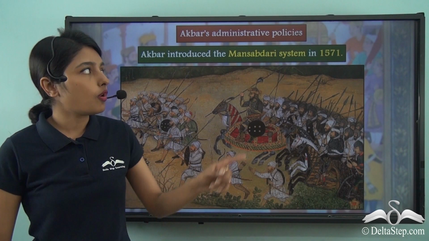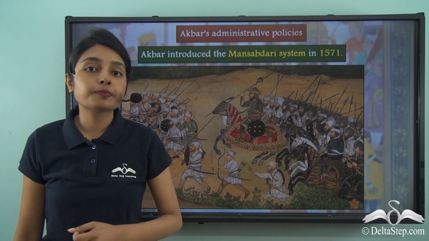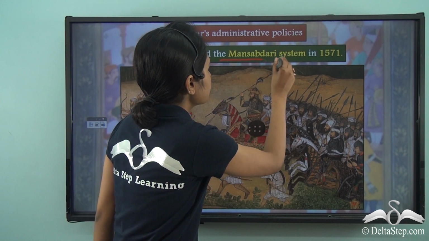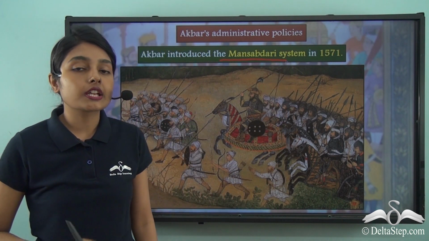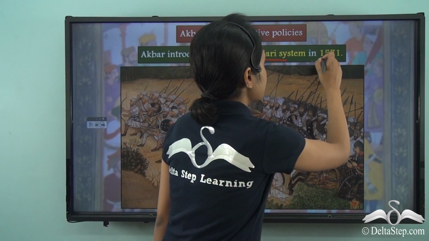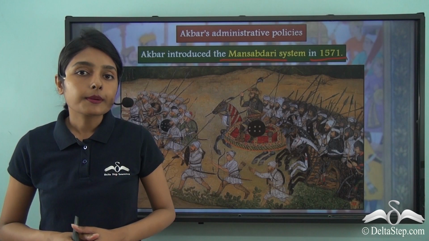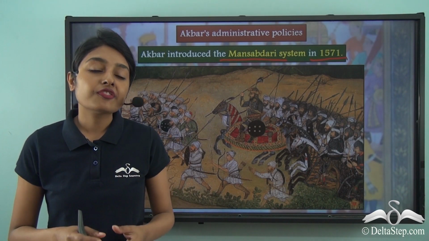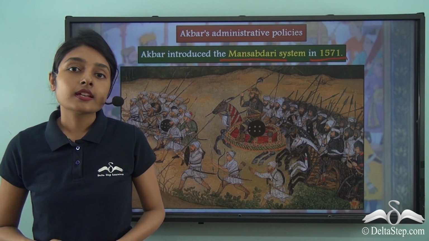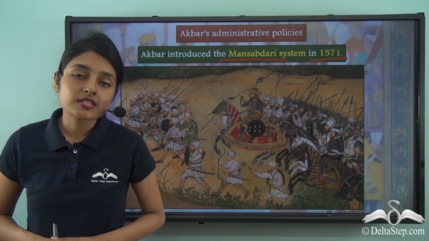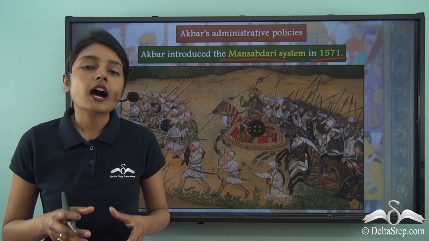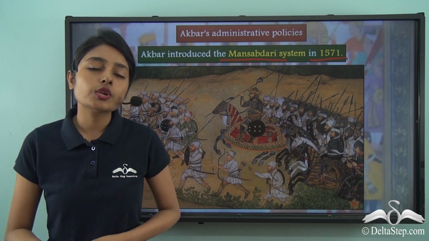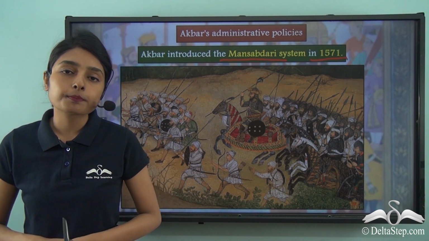Any discussion on Akbar's administrative policies would bring us to the Mansabdari system that Akbar introduced in 1571. In Akbar's rule, people from various groups like the Afghans, the Deccans, the Rajputs used to stay. This is because Akbar had consolidated the Mughal Empire by controlling several regions in the subcontinent.